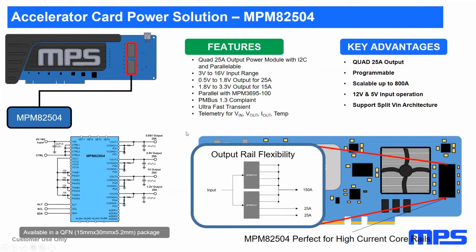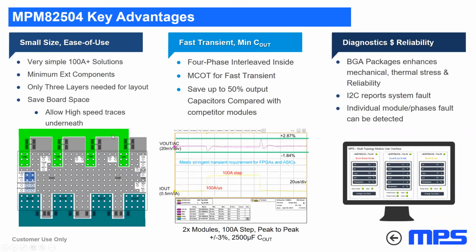It's really a flexible device, a game changer in the accelerator card, or for any kind of SoC power. We focus on the key advantages: a simple layout, where we can reduce the amount of output capacitance that's needed, as I'll touch on, and the footprint is incredibly easy to lay out.